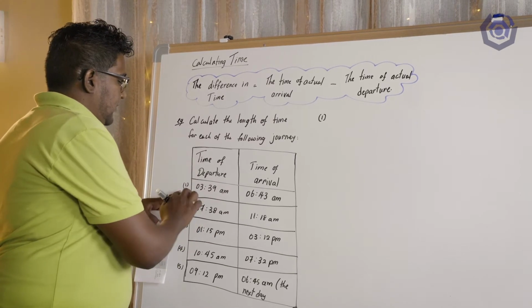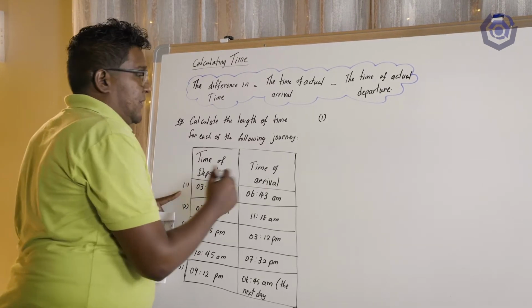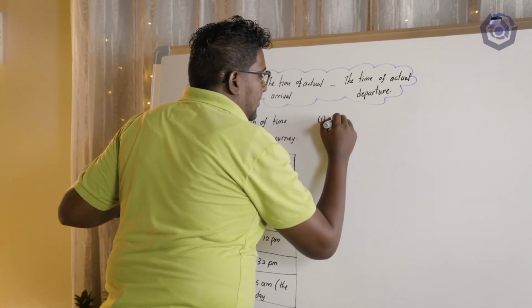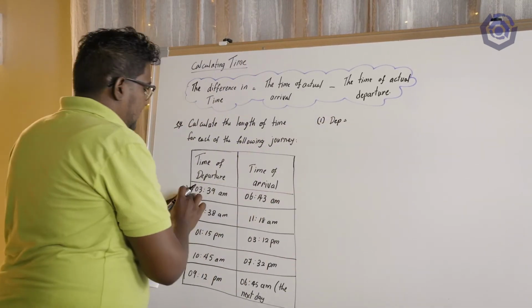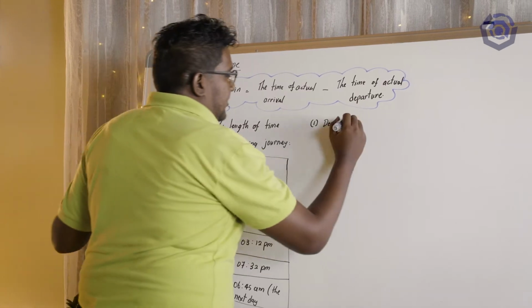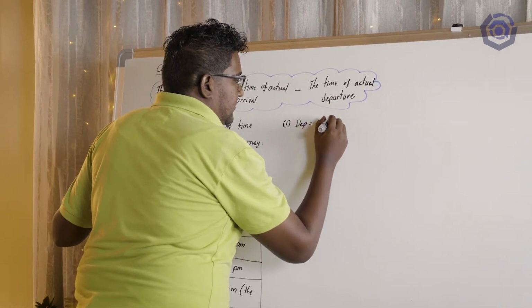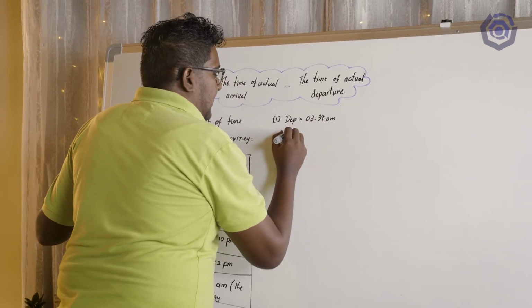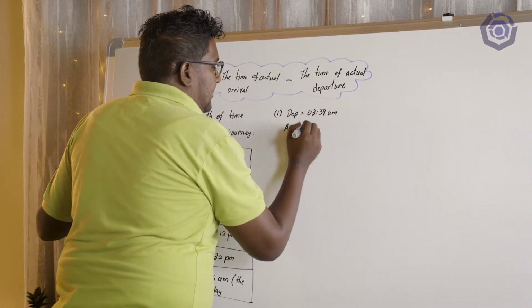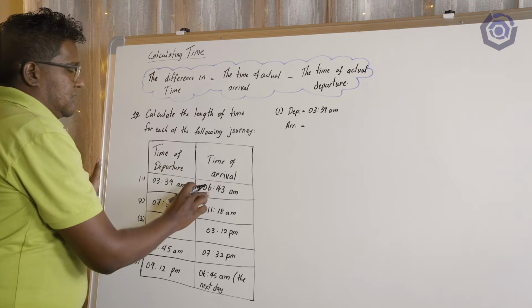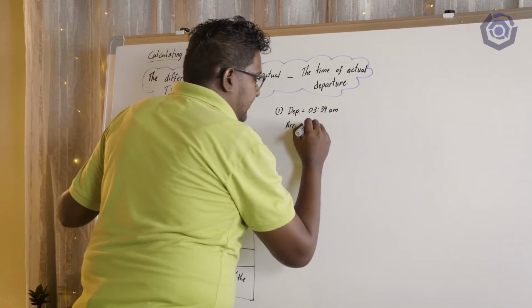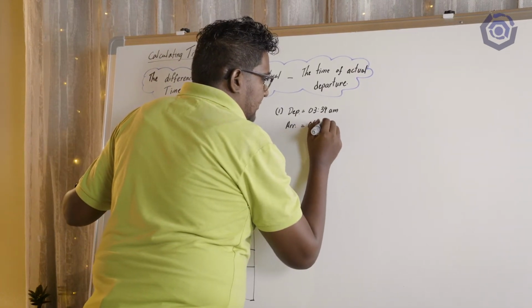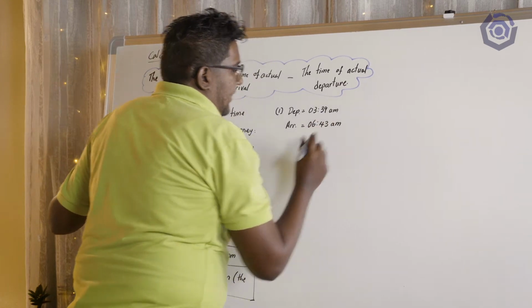So the first one, we have the time of departure. So we say departure is equal to 03:39 AM, and the arrival is equal to 06:43 AM.